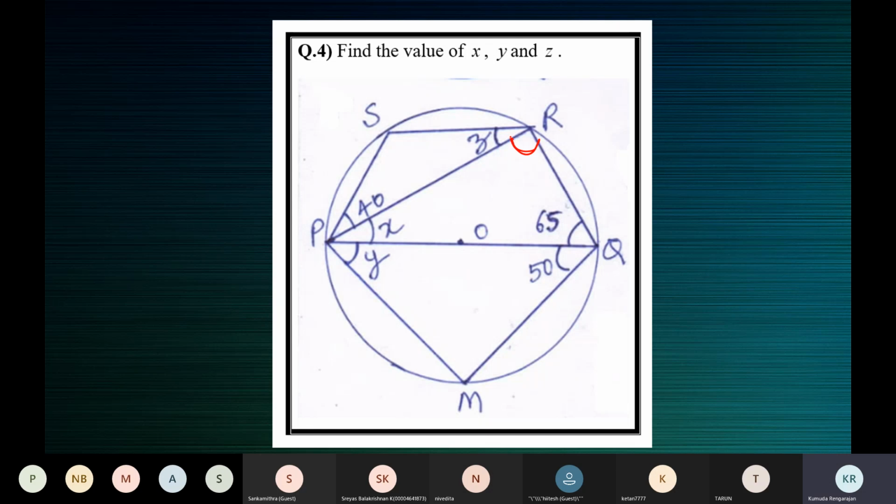Angle in a semicircle is a right angle. And then by using the angle sum property, X plus 90 plus 65 is equal to 180 will give us the value of X, which is 25 degrees. I'll show you the answer slide, children. We'll first discuss. Then how do we find the value of Y?